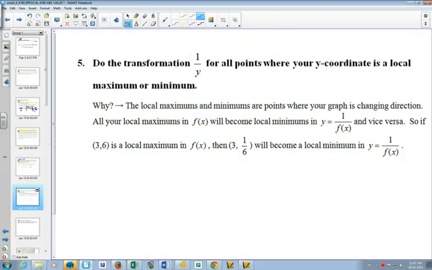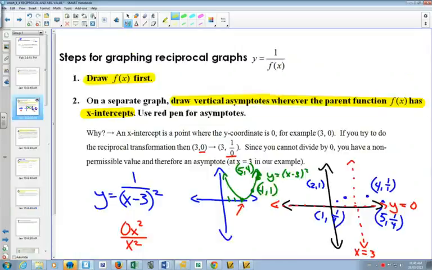And then finally, steps 4 and 5 are plotting some points. Some key points that we often do are places where you have a maximum or minimum. The graph that we chose, our minimum happened to be our x-intercept, so we couldn't even graph that one if we wanted to.